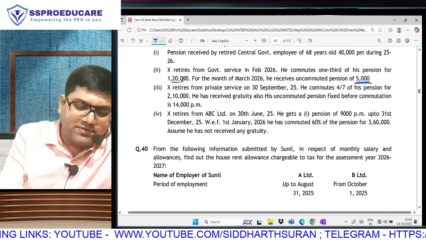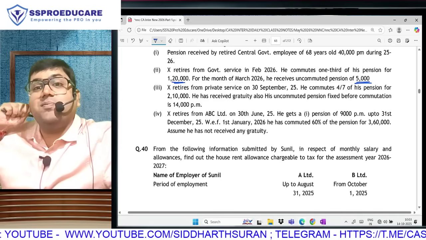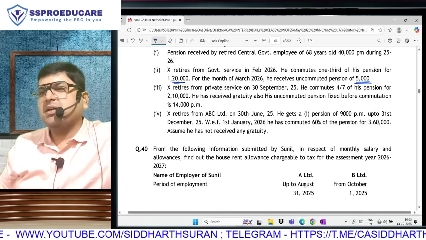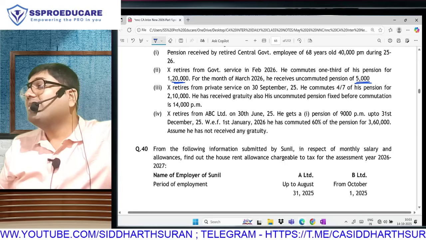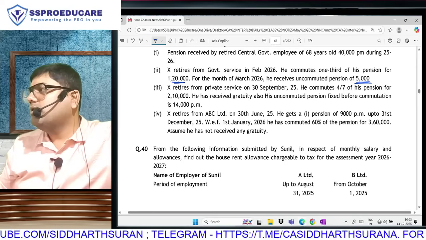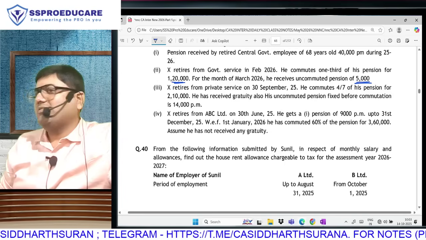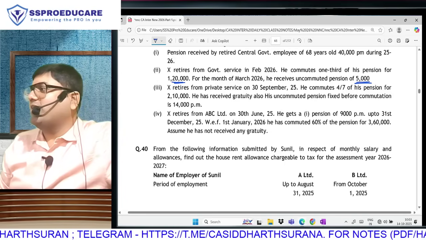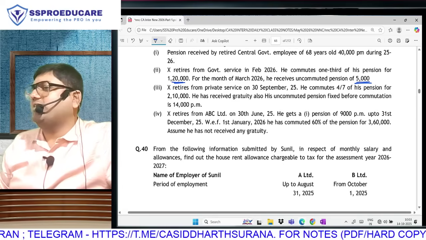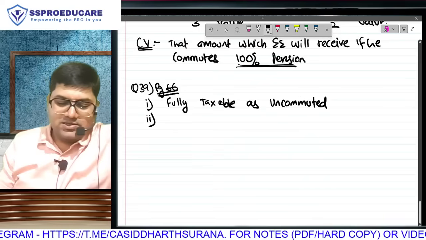What about this 1,20,000? Unfortunately, they have not told us gratuity received or not received. So for the 1/3 or half, we don't have any clarity. What you have commuted is 33.33%. For that, gratuity received or not received is not given. Why? Because it is a government employee.